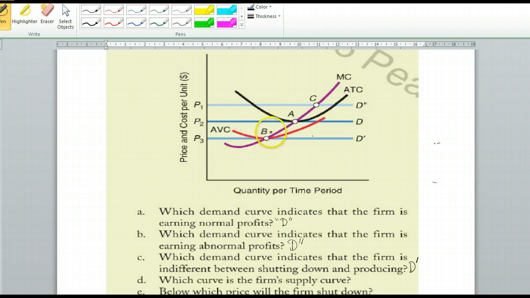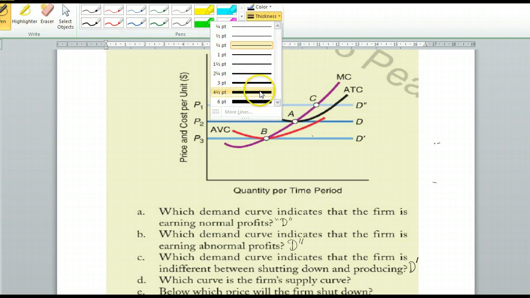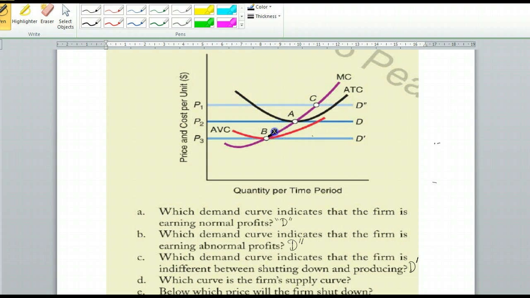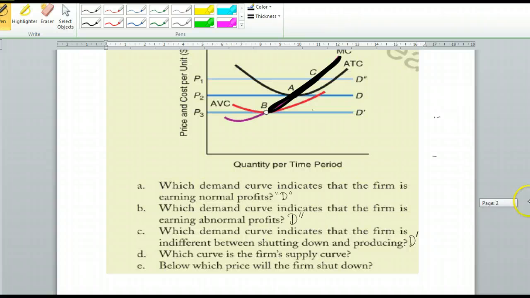So the portion of the marginal cost curve which lies above the minimum point of average variable cost is a competitive firm supply curve. So in this case, this is going to be the competitive firm supply curve. Okay, so you could say that in this diagram, the portion of marginal cost curve which is shown by BAC is going to be this firm's supply curve.